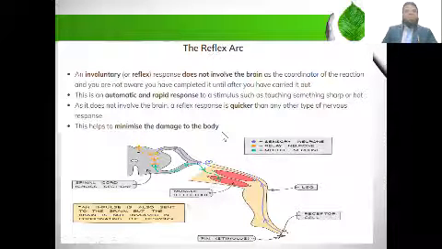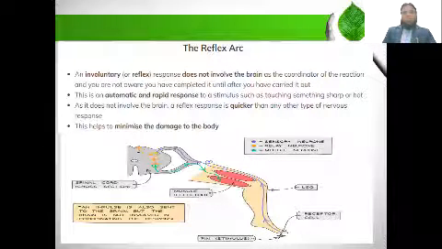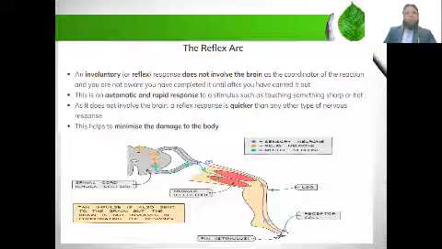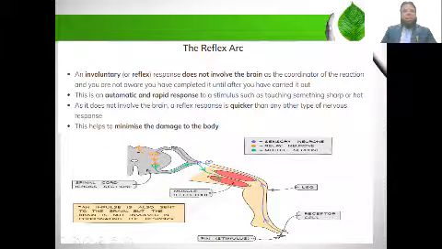This reflex action is a sudden, automatic action which saves our organs. Because if this action is not given, then there may be damage to the organs. And you can see the pathway of this reflex action, this reflex arc.